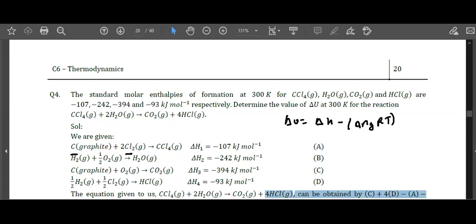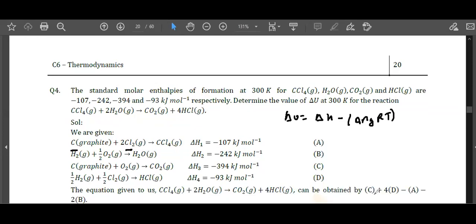So how can it be obtained? Think about this. If you add reaction C plus 4 of reaction D minus reaction A minus 2 reaction B. That's the key. You should know which reaction to add, which reaction to subtract.